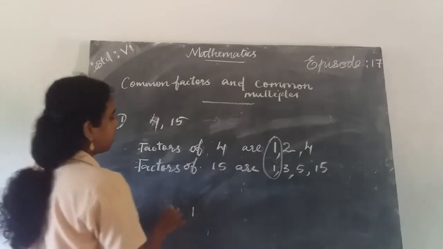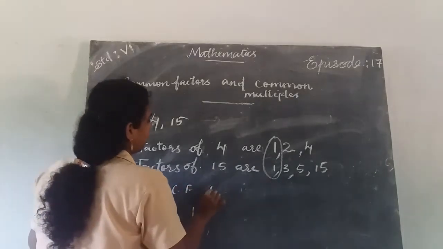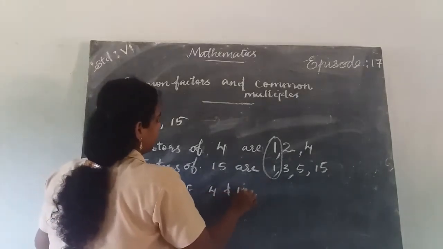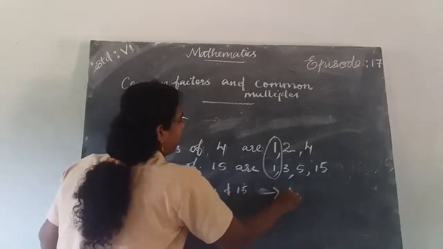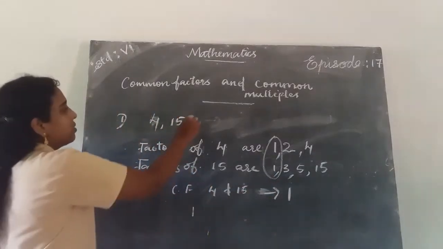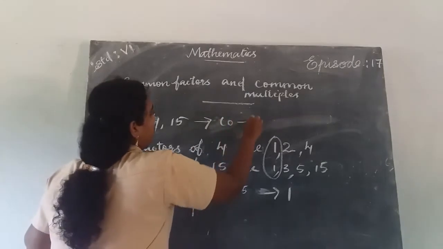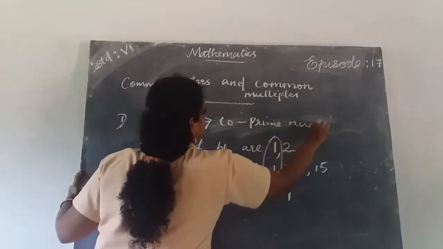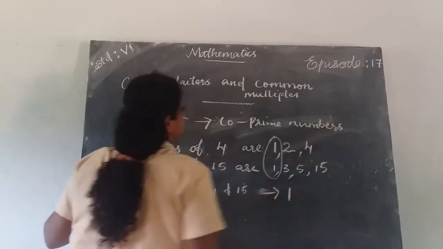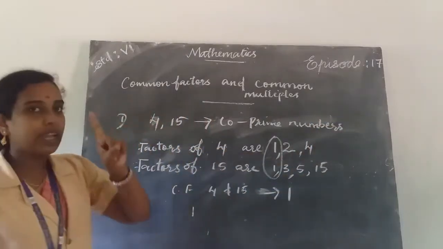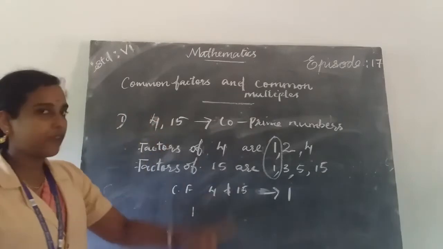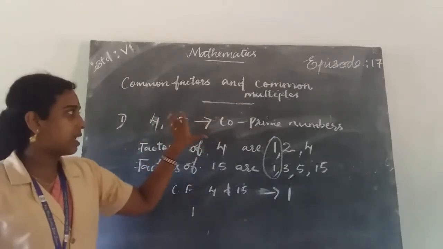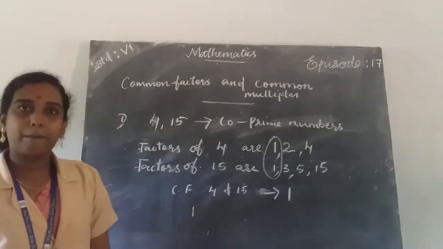So we can say that the common factor of 4 and 15 is only 1. So we can say that these two numbers are also co-prime numbers, because they have only 1 as their common factor.